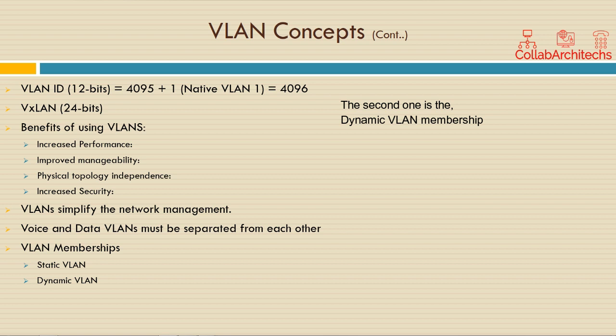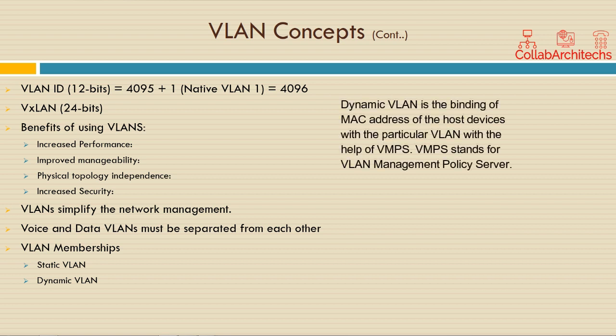The second one is the dynamic VLAN membership. Dynamic VLAN is the binding of the MAC address of the host devices with the particular VLAN with the help of VMPS. VMPS stands for VLAN Management Policy Server.